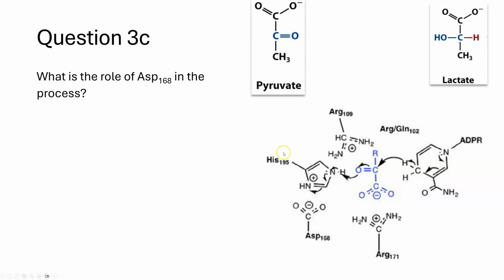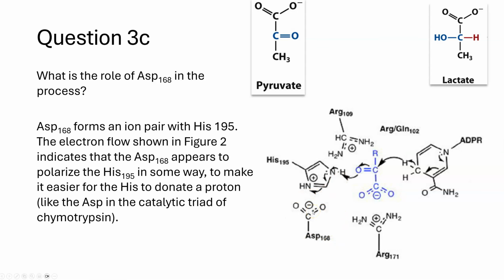So what about Asp 168? Well, over here again, if the histidine is protonated, it's going to be positively charged, so we can form this ion pair right here. But the Asp must be doing something else besides that, because the His has to be in a position to be able to donate a proton. So there must be some kind of polarizing effect that the Asp has to facilitate in some way this proton donation, because otherwise the reaction is not going to happen if this proton doesn't get donated.